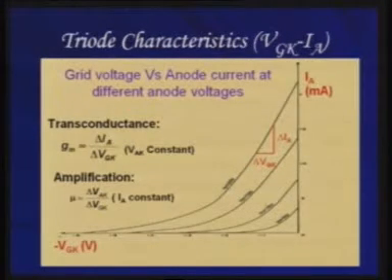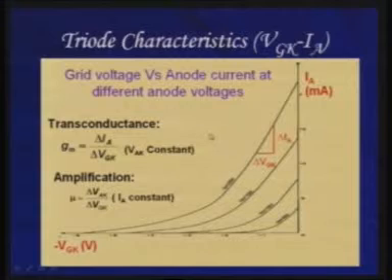And another characteristic I have shown here is where we keep an anode voltage constant, say a particular value for this particular curve. Then for that curve, as I go on increasing negative bias on the grid, my anode current starts dropping. And this you can observe for different anode voltages also.